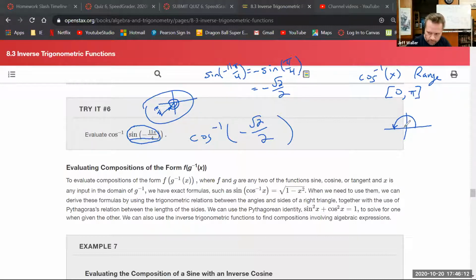Second quadrant. That's the only way to make the cosine negative. And I already know what the reference angle is going to be. If I put the reference angle there, what angle is this? What's the answer?